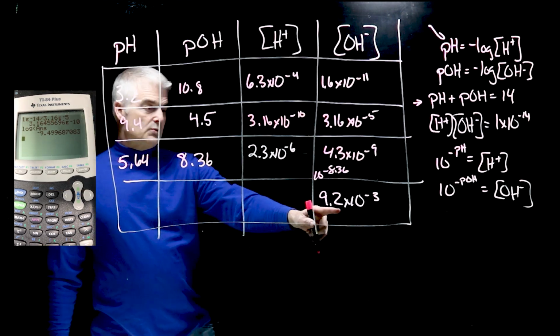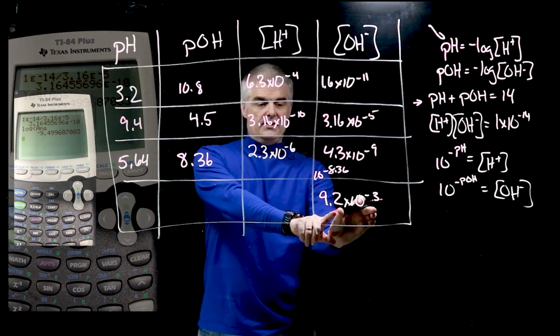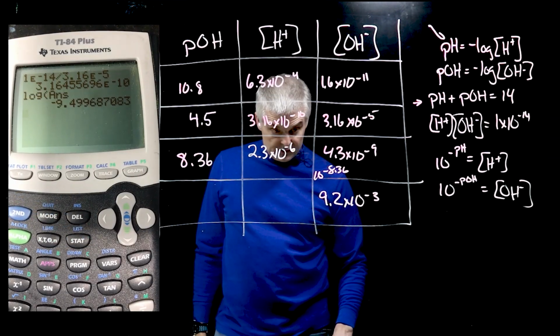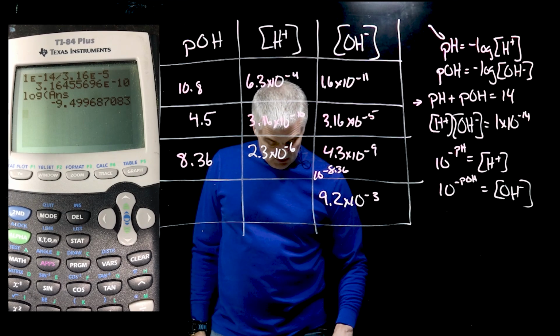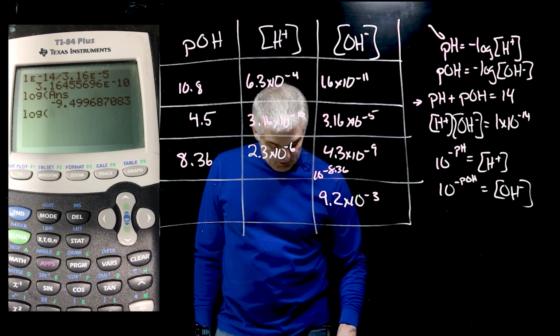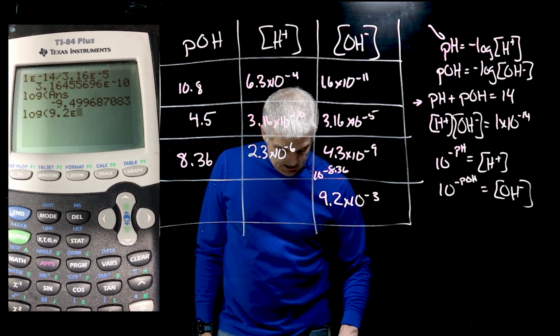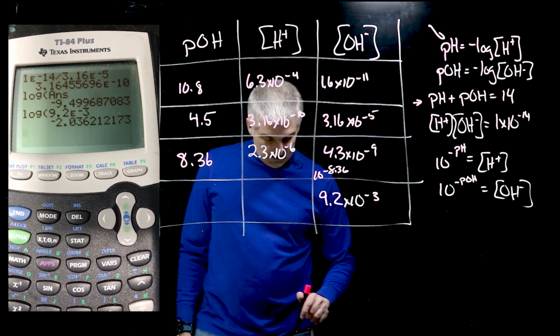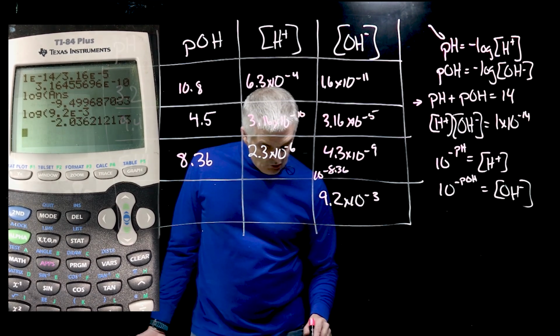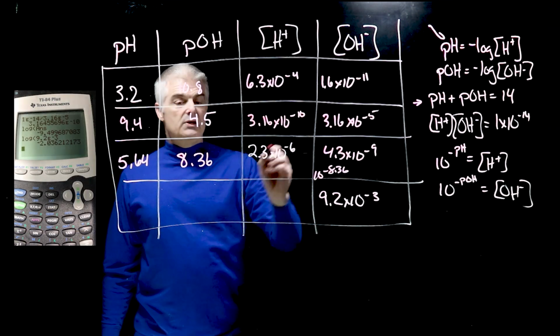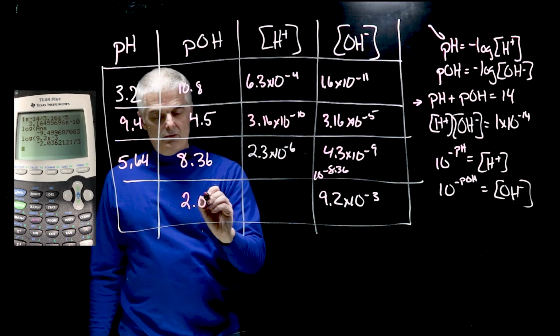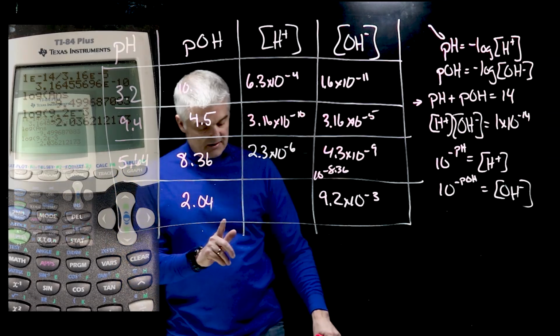And let's do this one here, last one. If I start with this one, watch what I do. I'll just say the log. I'm not saying the negative log. You may want to do that. 9.2 second e negative 3. And that gives me negative 2.04. So that's the POH. So it's 2.04. But now on the calculator, you can see it says negative.